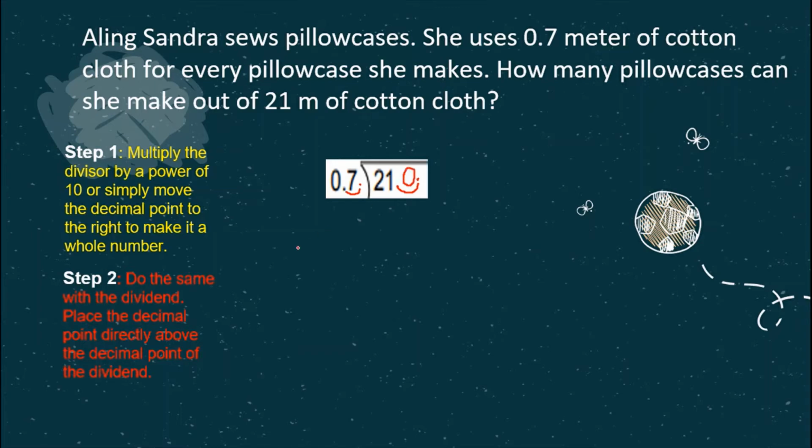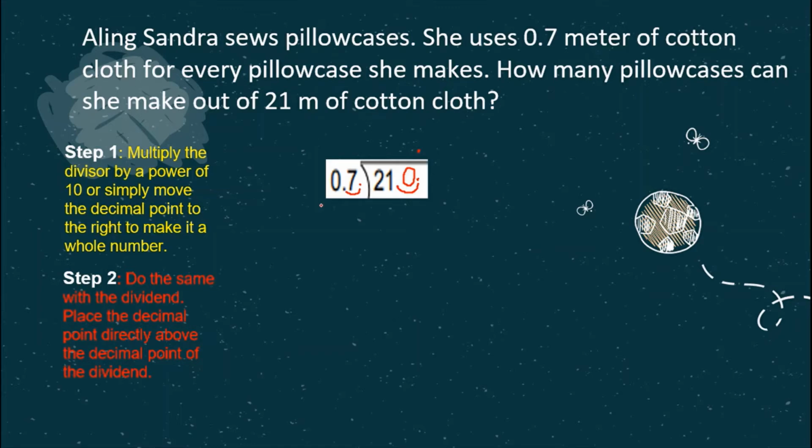And don't forget to place the decimal point directly above the decimal point of our dividend. We are going to place again our decimal point in our quotient. They should be aligned. After that, I guess we can now continue the division process.